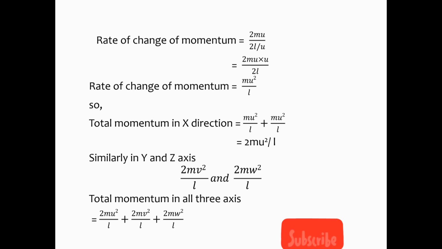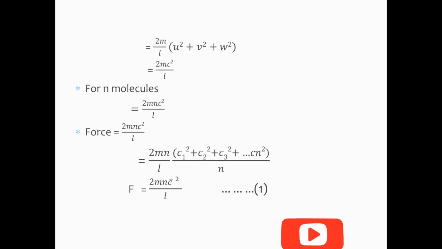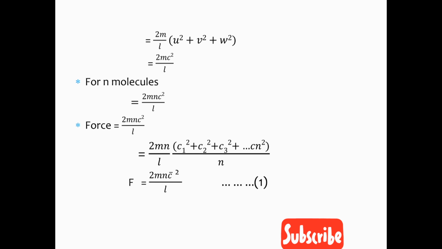So the momentum in y direction will be 2mv square over L and the momentum in z direction is 2mw square over L. Total momentum in all the three axes is 2mu square over L plus 2mv square over L plus 2mw square over L. If we take 2m over L common and the sum of u square plus v square plus w square collectively as c square, so the momentum will be 2mc square over L. For n molecules, it is 2mnc square over L.